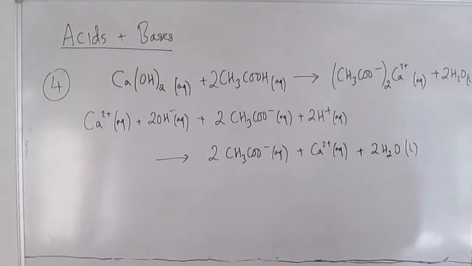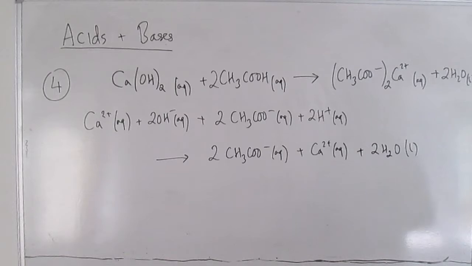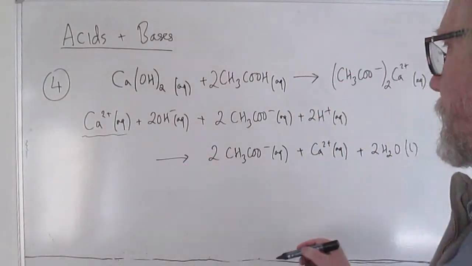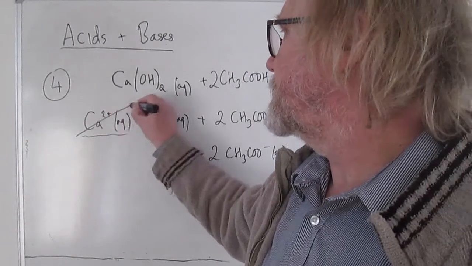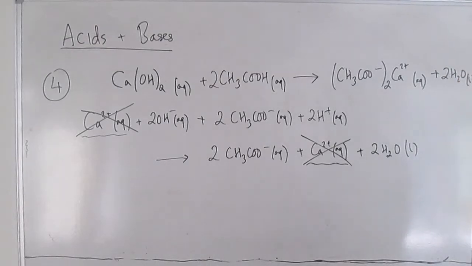So it looks a mess, but that is before we look at the fact that some of the ions that were there at the beginning are still there at the end, and that's the beauty of ionic equations, that they then get edited out. You can see that the calcium ions were floating around in the solution at the beginning separately, and they're still floating around separately at the end, so they just cancel out because they didn't change in any way in the reaction.